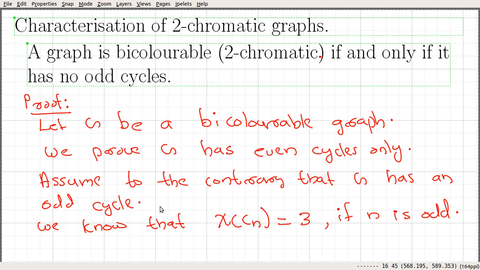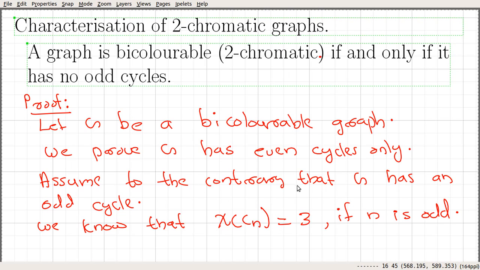For a cycle, we know that the chromatic number is 3 if the number of vertices is odd. If the number of vertices is even in that cycle, then the chromatic number is 2. So we know that the chromatic number of a cycle with an odd number of vertices is 3.